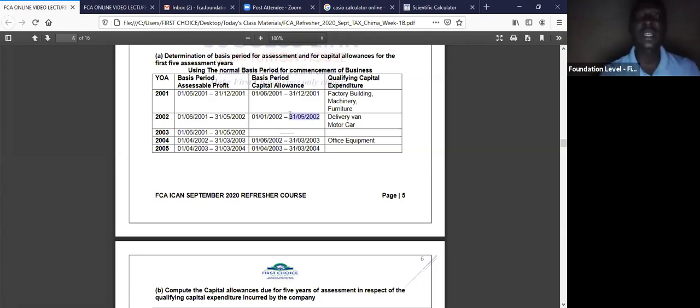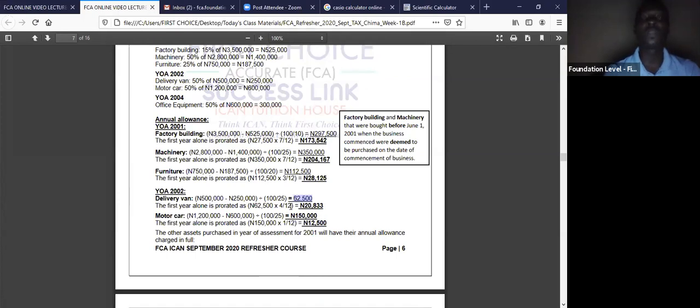So it was used in February, it was used in March, it was used in April, it was used in May. So it was used in 4 months out of a 12 months basis period. So it means we are going to charge it at 20,833. That is how we will get the annual allowance for the motor van, delivery van.